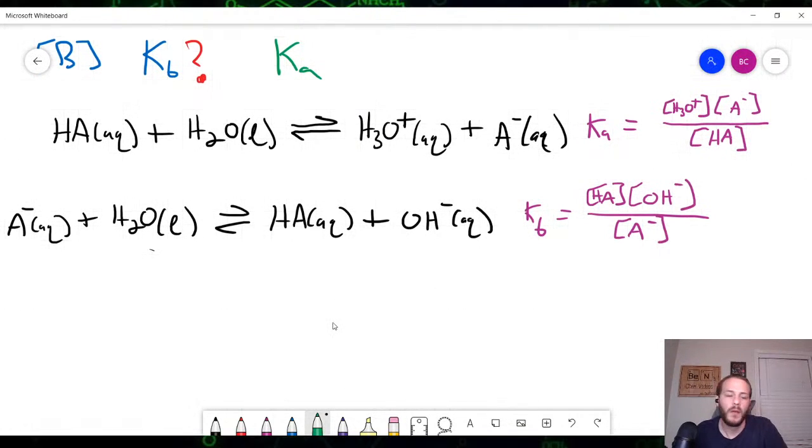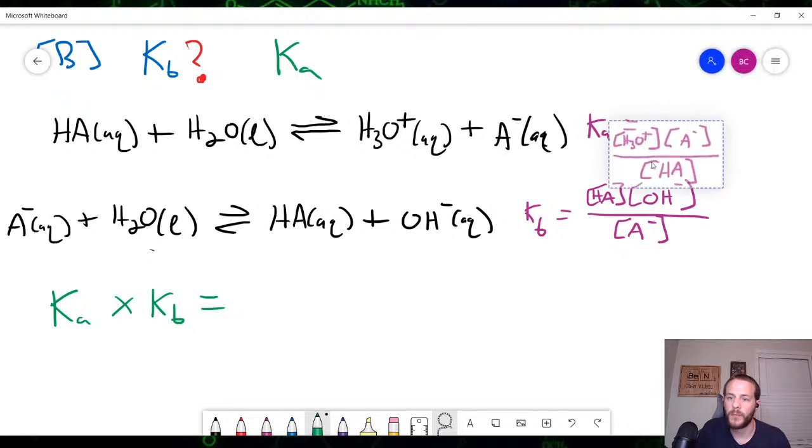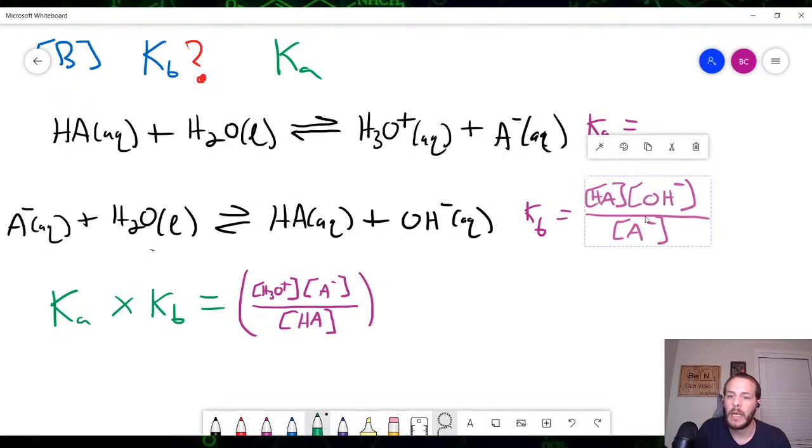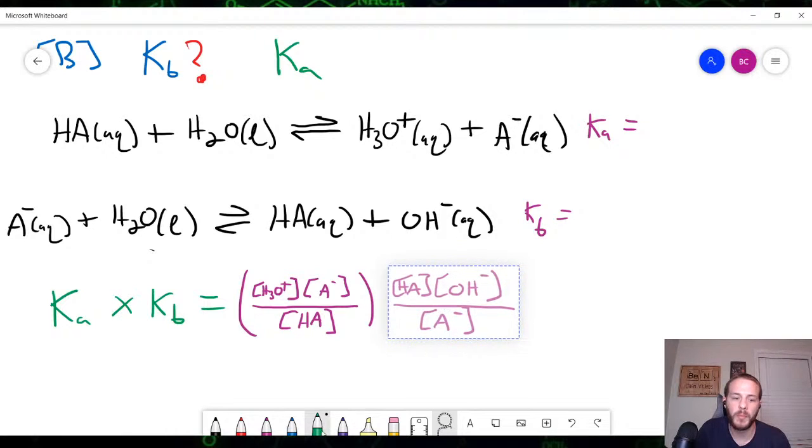Okay, maybe I can just do that. There we go. So what if I wanted to multiply Ka and Kb? What would that look like? Well, I'll drag the expression for Ka over here and put some parentheses around it since I'm multiplying it, and I'll do the same thing with Kb.